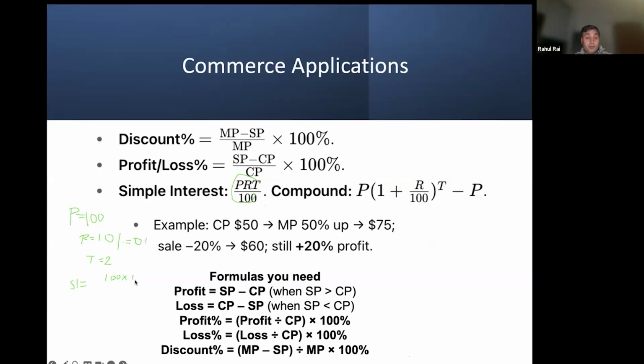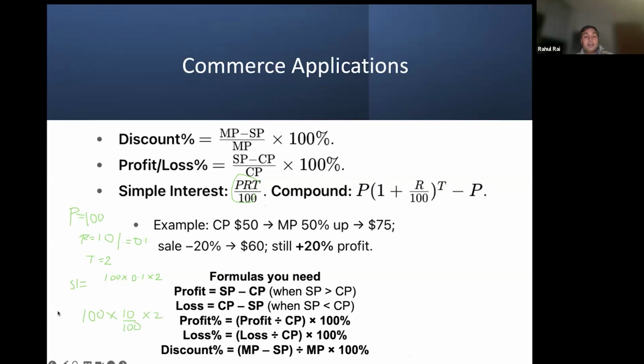So the rate is 0.1 and time is 2. That will be the overall equation. We can also substitute the 10 as the interest rate, divided by 100, so principal is 100 times 10 divided by 100.